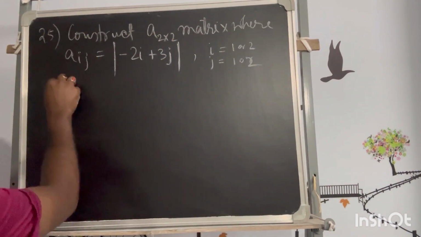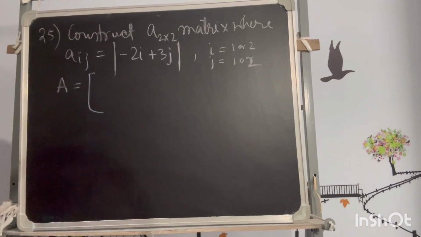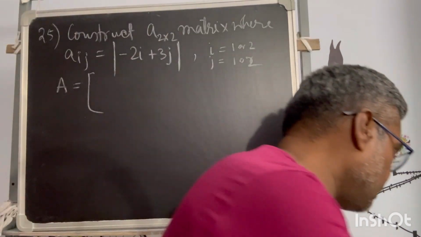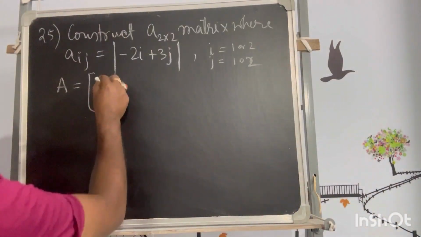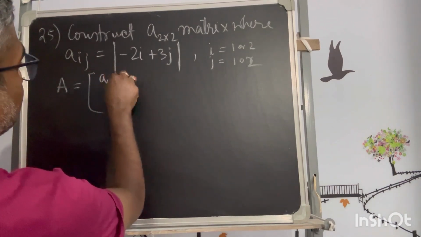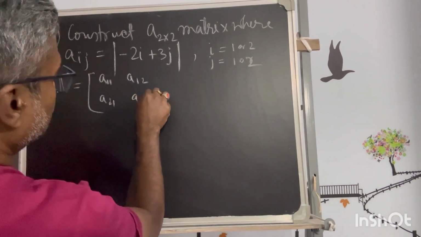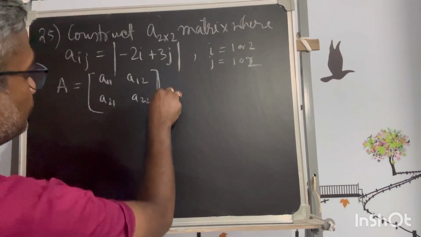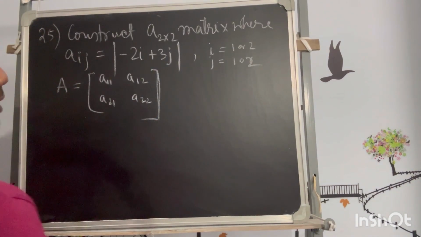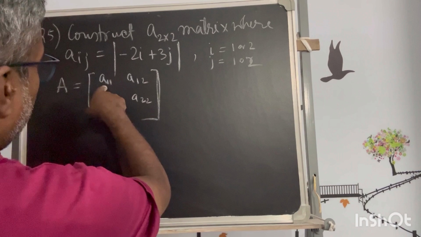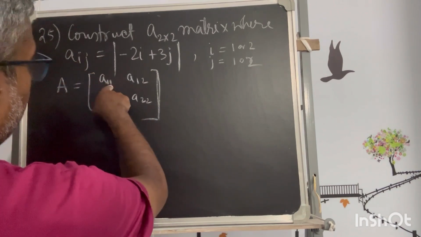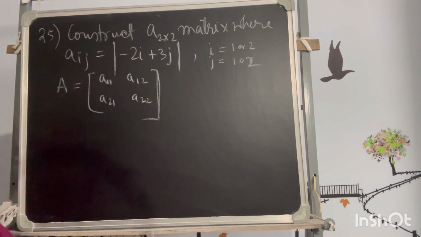And the matrix has to be in the form of this: elements a11, a12, a21 and a22. So accordingly, we put the values, where i is equal to 1, j is equal to 1.